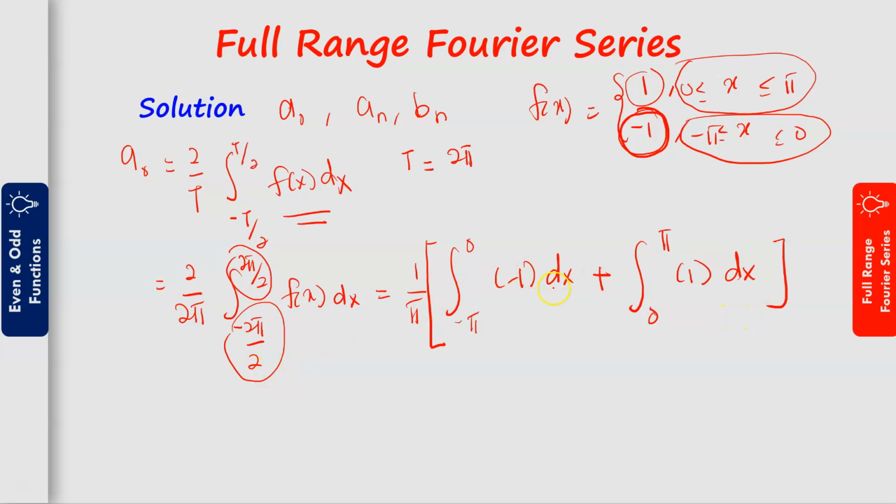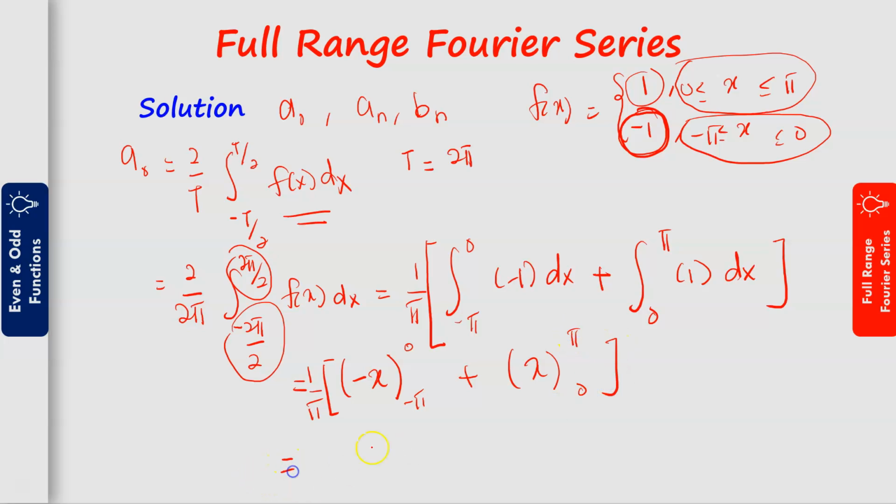dx. When we solve this one, we get 1 over pi multiplied by negative x, evaluated from negative pi to 0, plus x, evaluated from 0 to pi.